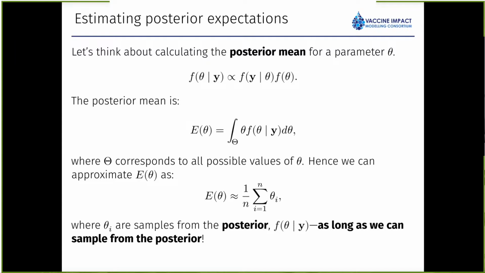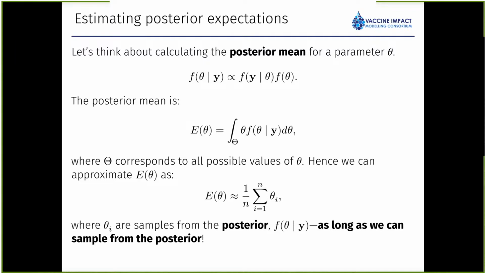If I want to calculate this, and I don't know what f is, but I can sample from it, then I can estimate this quantity by taking a large number of random samples from my posterior distribution and then just taking their sample mean. As long as I take a large enough number of samples, this is going to be a good estimate of the posterior mean.